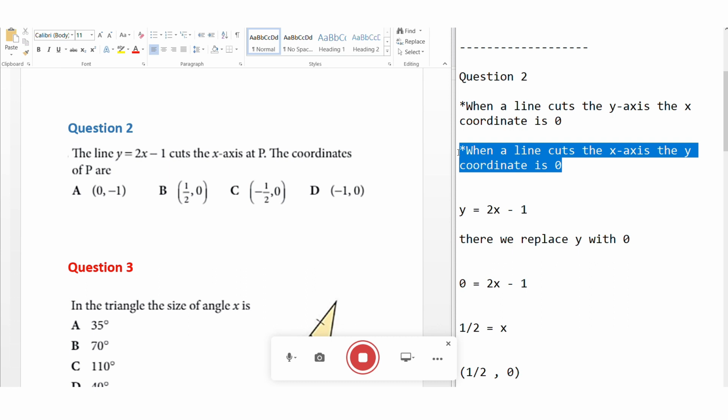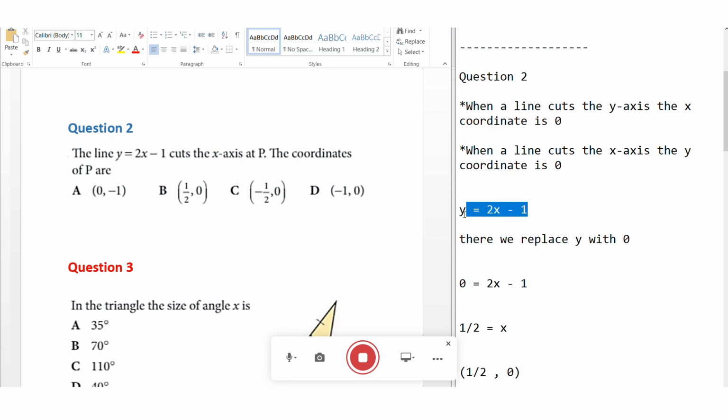So when it cuts the x-axis, like I just said, the y-coordinate itself will be 0. So remember, this was the equation of the line the examiner gave us, y equals to 2x minus 1. So what we need to do is replace y with 0. Because when it cuts the x-axis, the y-coordinate is automatically 0.